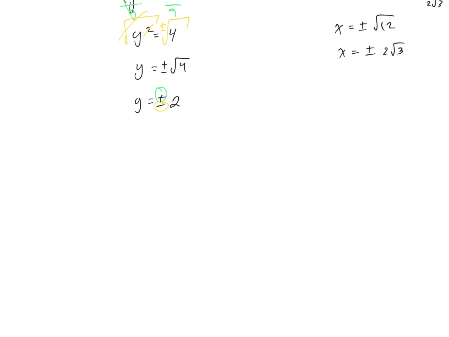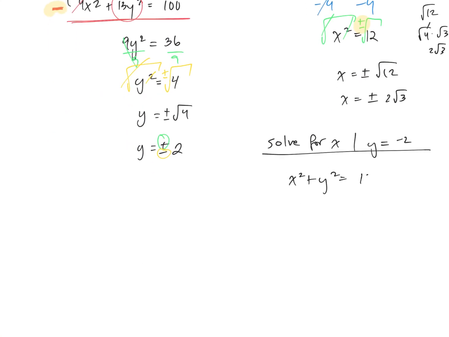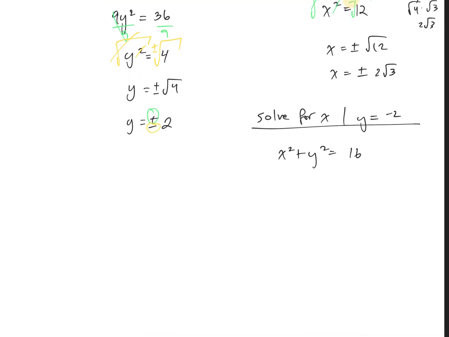And then one more. Solve for x when y is equal to, which one did we not do? We have to do the negative 2. So if x squared plus y squared equals, what was it, 16. This time we're substituting in a negative 2.